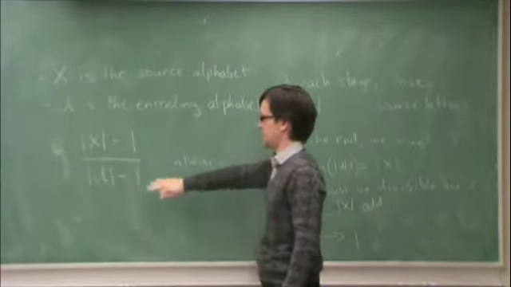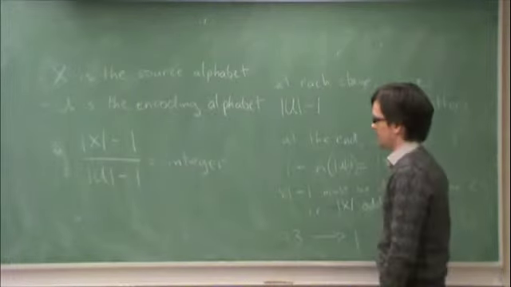Or in other words, cardinality of x minus 1 must be divisible by cardinality of U minus 1.